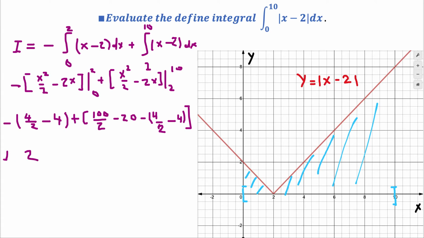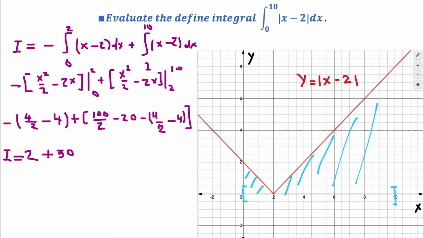So the definite integral from 2 to 10 is equal to 2 plus 100 divided by 2 is 50, minus 20 is 30, so this is going to be 30.